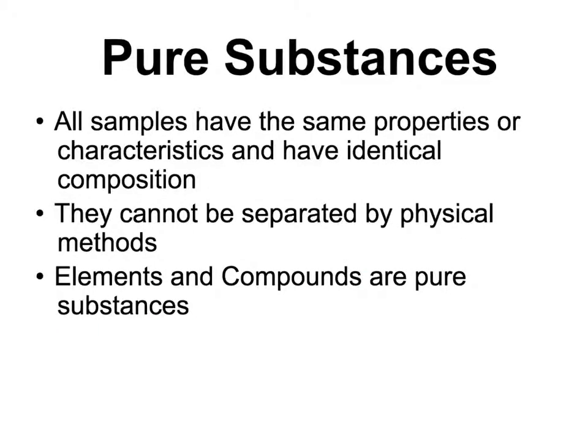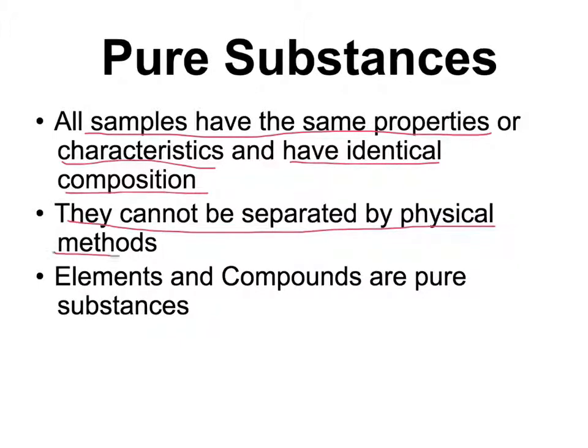So let's look at a pure substance. A pure substance is any substance that has the same properties, characteristics, and identical composition. The other thing about it, and this is key, is that it cannot be separated by a physical method.